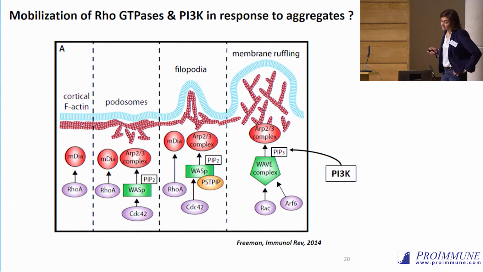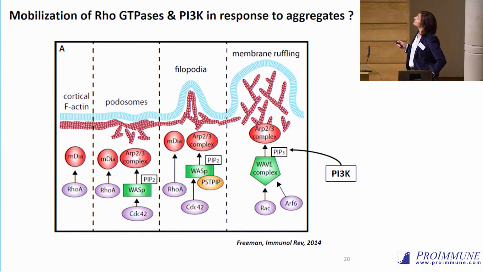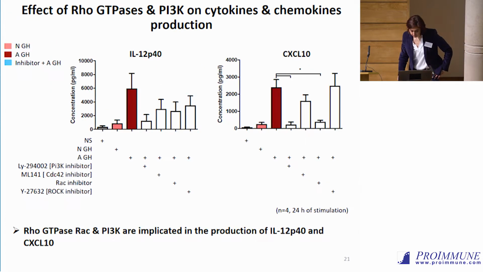We wanted to test the possible recruitment of other intracellular proteins that are implicated, here in purple, that are Rho GTPases, which are implicated in the control of actin networks during phagocytosis. And we also explored PI3 kinase involvement.